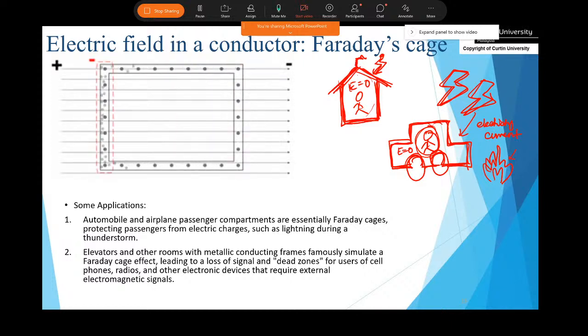However, there are other factors, usually the fire, but they won't be affected by the electrostatics only, right? So that is the electric field in a conductor.